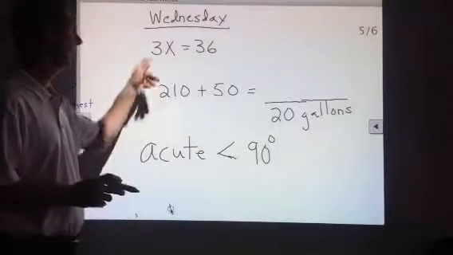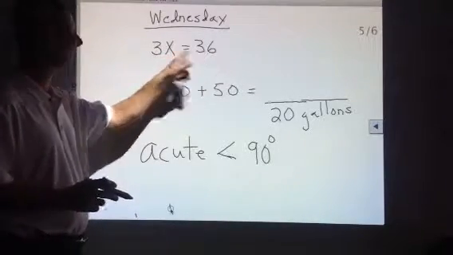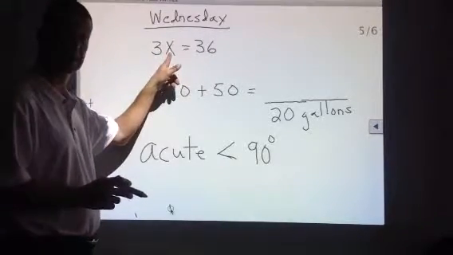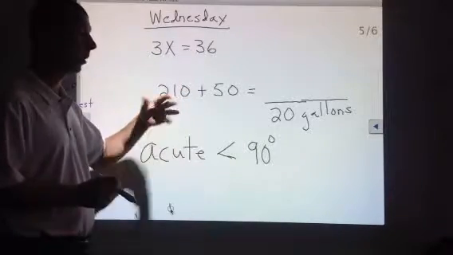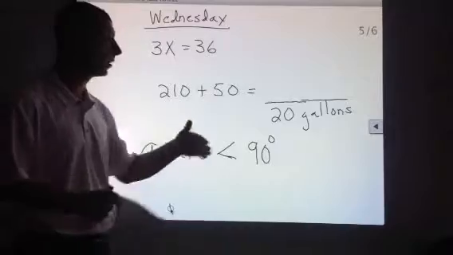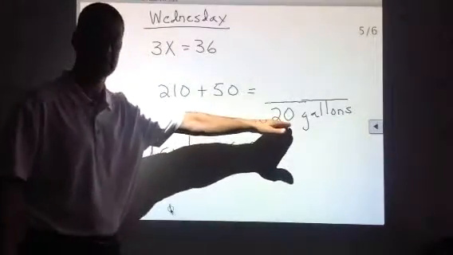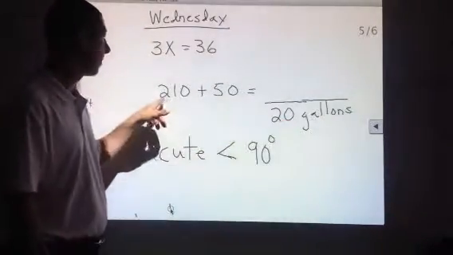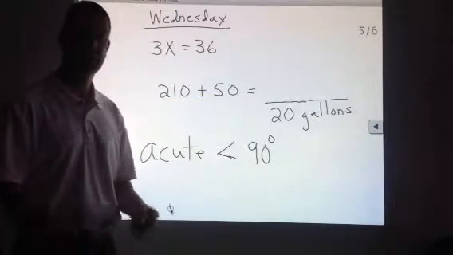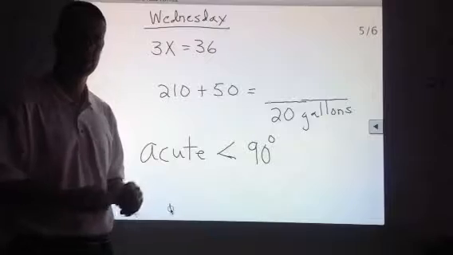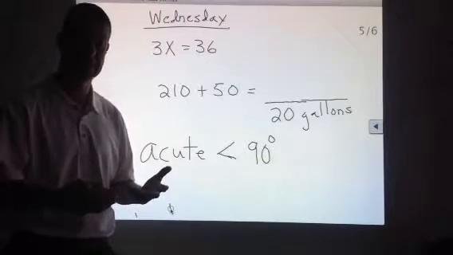For Wednesday, you got 3x equals 36. This is 3 times what equals 36. Pretty simple. Here's another one, miles per gallon one. They got a vehicle that's got a 20-gallon gas tank. They filled it. They went 210 miles, and then they get a message on the dash that says 50 more miles to empty.